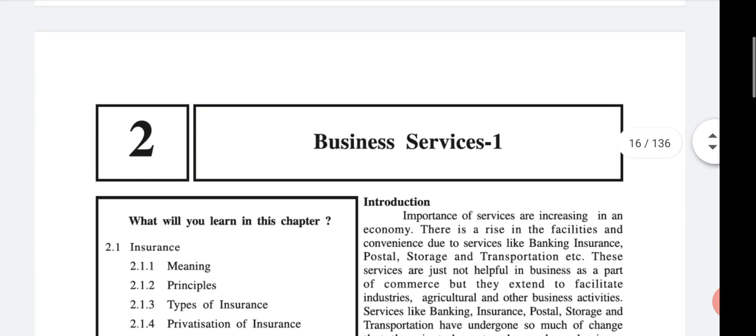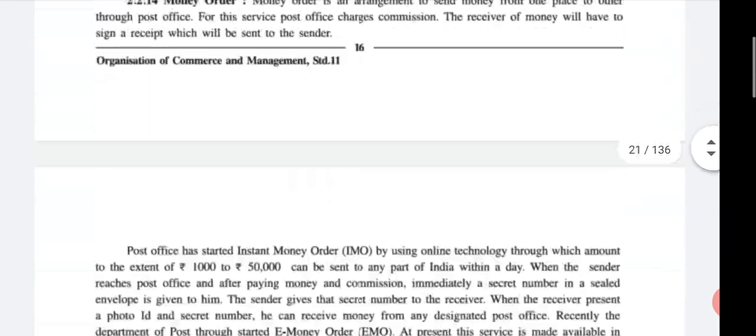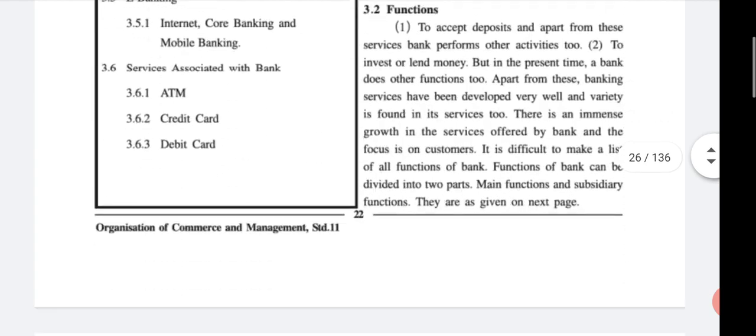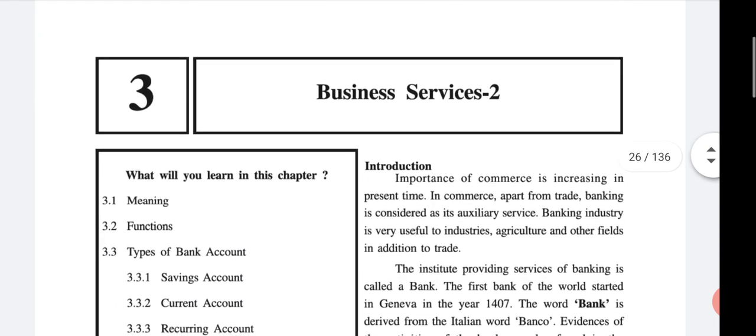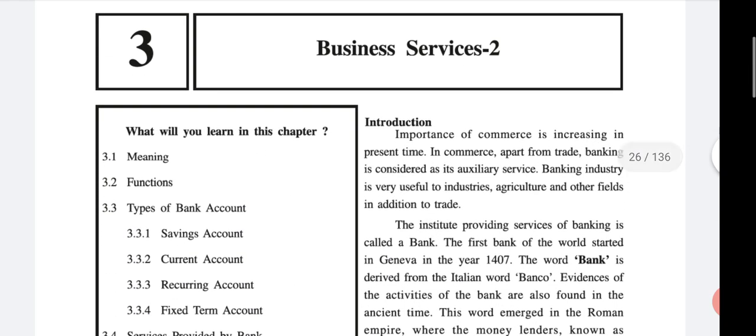So I have already given you today's homework also, and now we start the next chapter, chapter number 3, business service 2.